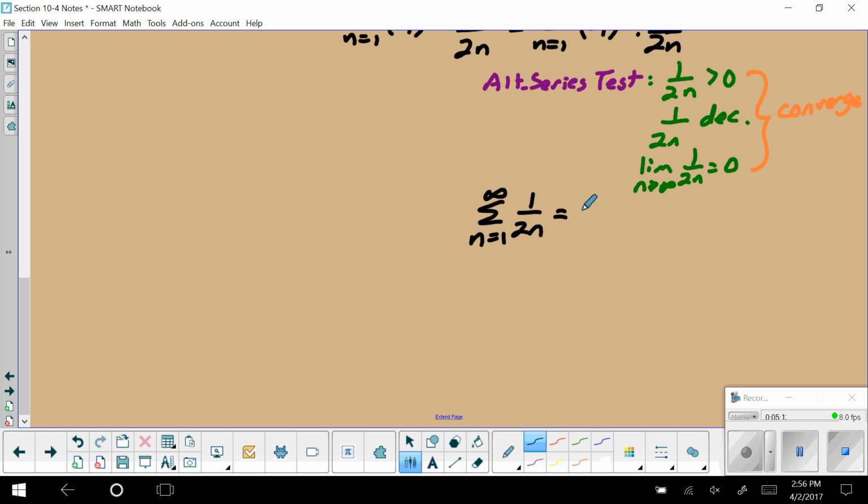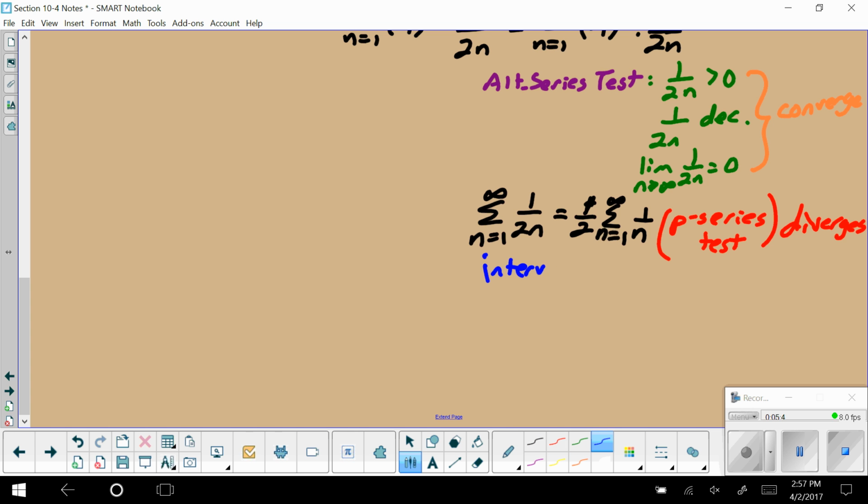So this would be 1/2 times the sum from 1 to infinity of 1 over n, and this, by the p-series test, diverges. So it converges conditionally at 1. My interval now is from -1 up to and including +1. That was one of my endpoints.